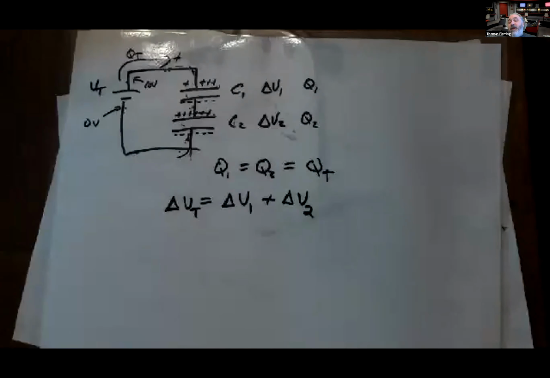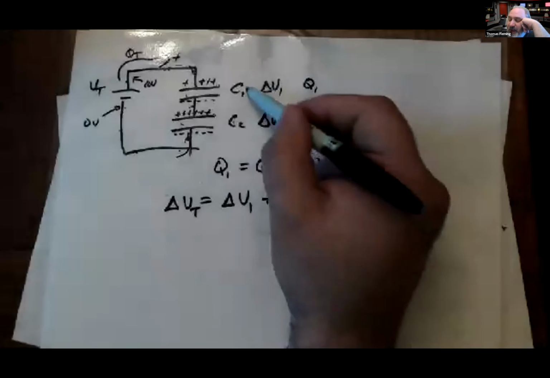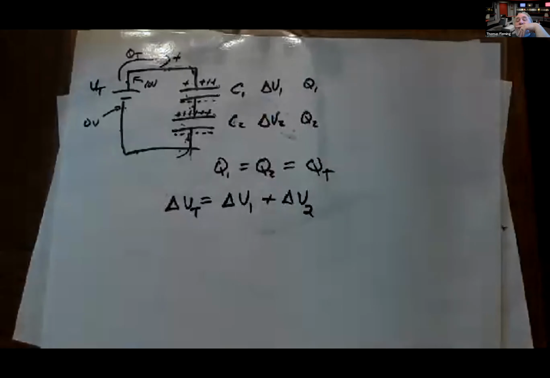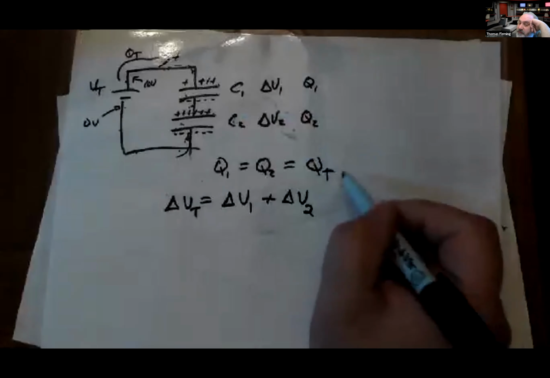Now, they don't have to be equal. It doesn't have to be 5 volts plus 5 volts. It could be 9 volts for the first one and 1 volt for the second one, or 8 volts for the first one and 2 volts for the second one. Any combination that adds up to 10 would technically work. It's going to depend on how big those capacitors are, as we'll see here in a minute. But that's the idea. So I've got these two rules that we've established.